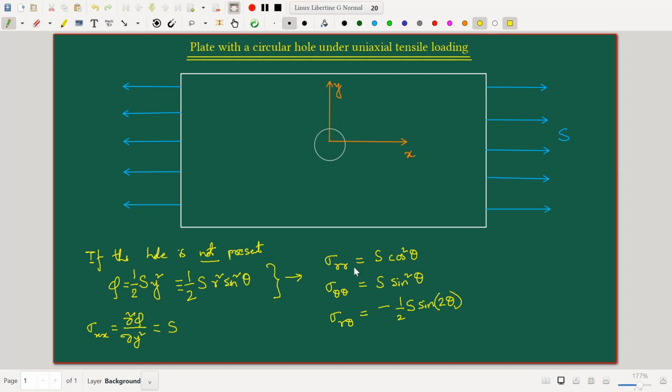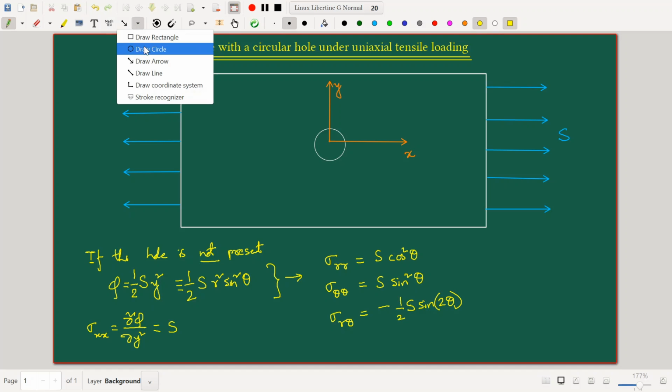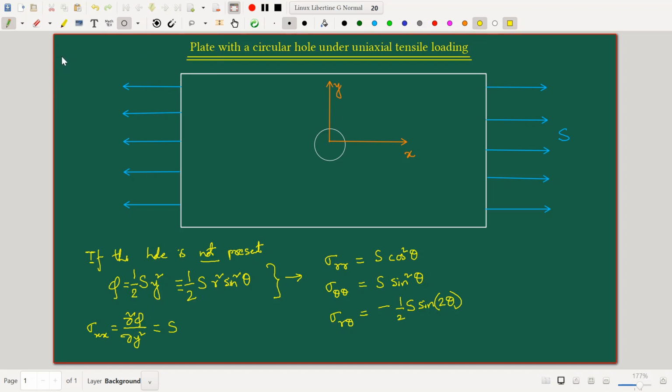Please note that we have obtained these stress components for this rectangular plate, and still if we are considering the situation without the hole and we consider a circle like this, let me draw a circle, and because I'm imagining this circle, let me draw it with a dashed border. Maybe I'll use the white color itself.